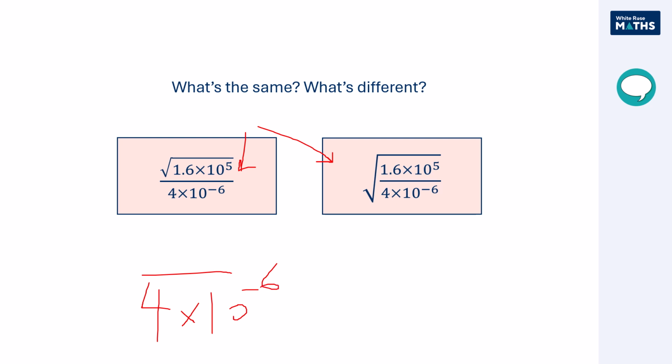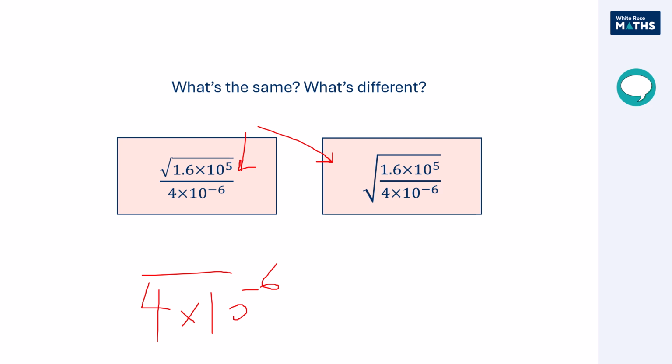So if I do this, guys, what do I get? I have the square root of 1.6 times 10 to the power of 5, divided by 4 times 10 to the minus 6.